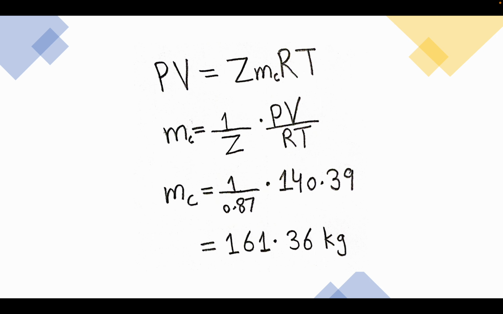We take ZRT to the other side, so PV over RT is the same as what we did in the ideal gas equation, so we can use the same value, which was 140.39, and then we divide that by Z, which we got as 0.87 from the previous chart, and our mass is 161.36 kg. So this is the mass we have found by using the compressibility factor.